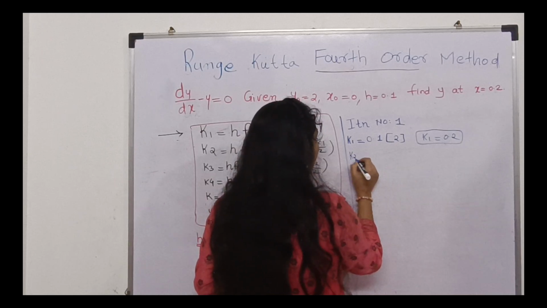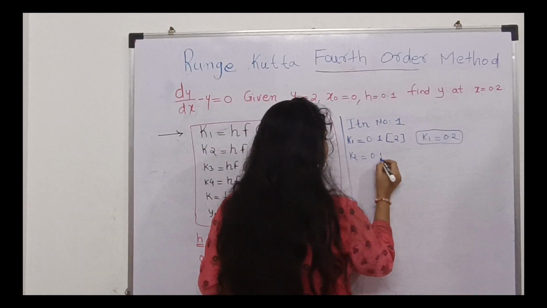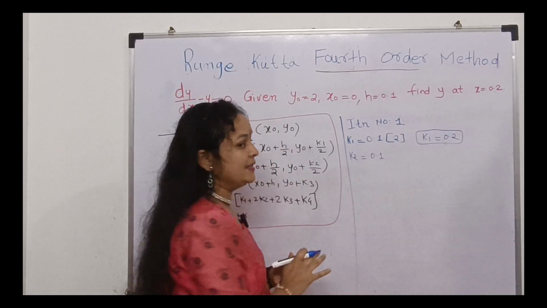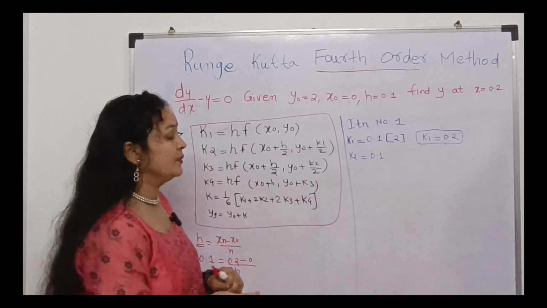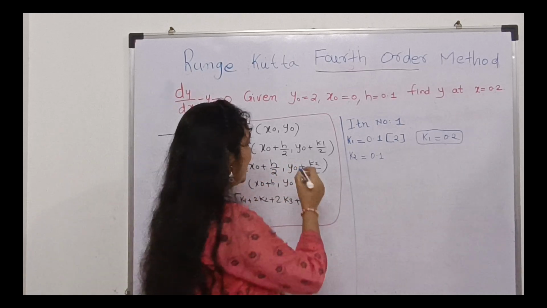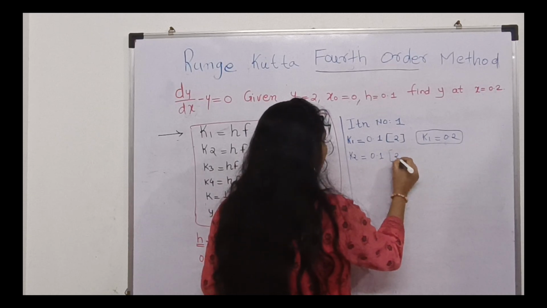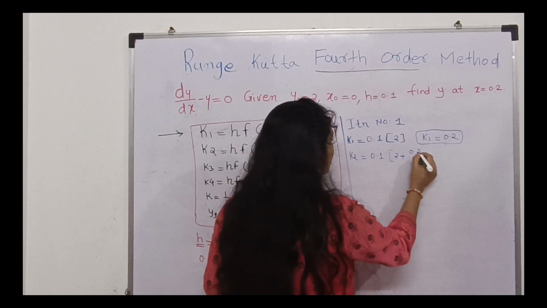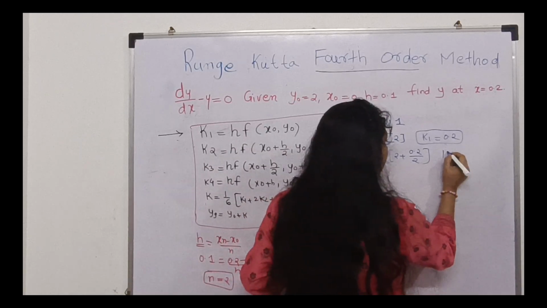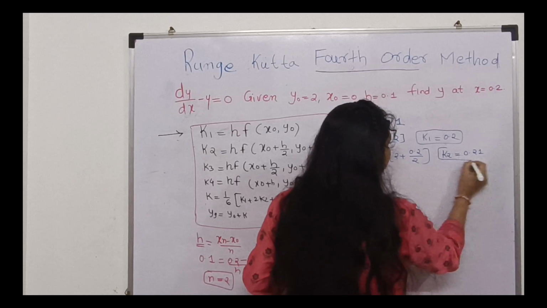Now let us calculate K2. That becomes 0.1 into bracket x0 plus h by 2, but they are not giving any form of x here, so you consider only y0. The y0 value is 2 plus k1, 0.2, by 2. If you simply solve this, you get the value 0.21.